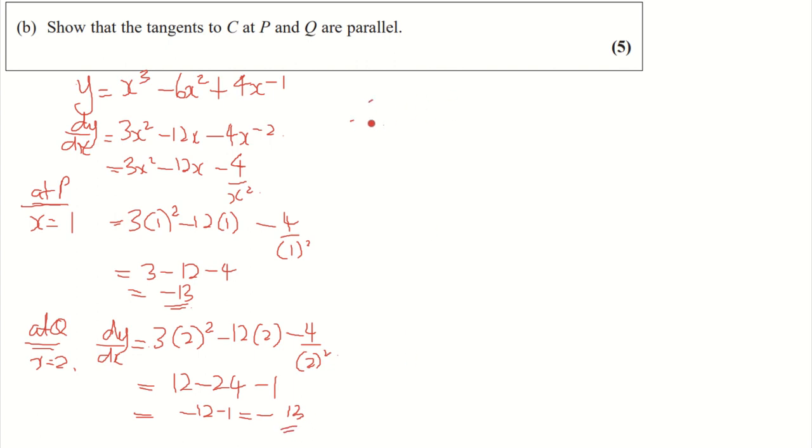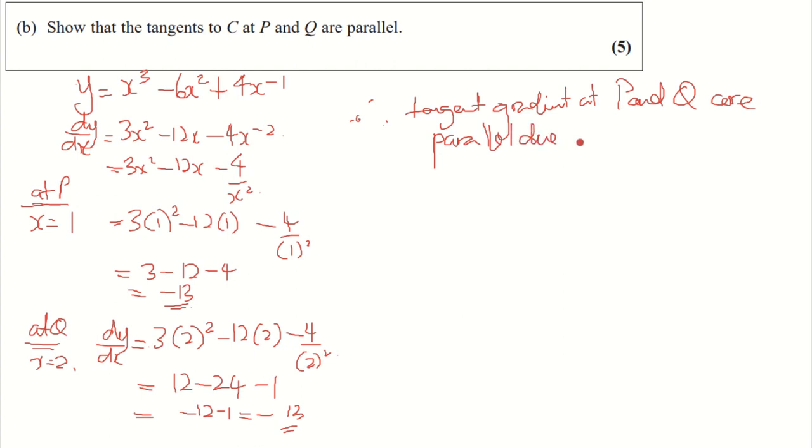Therefore, the tangent gradients at P and Q are parallel due to having the same gradient. I think you get the idea.